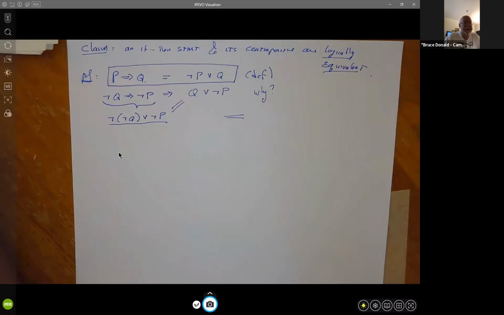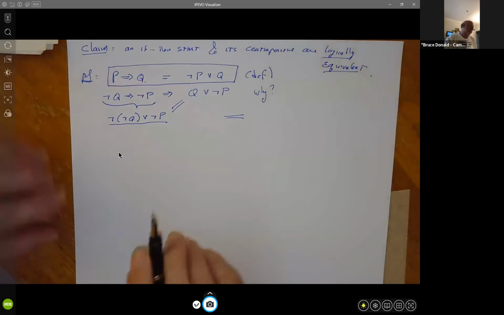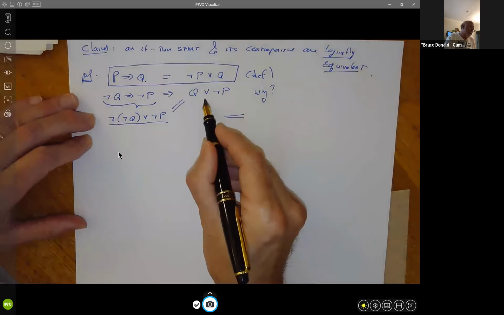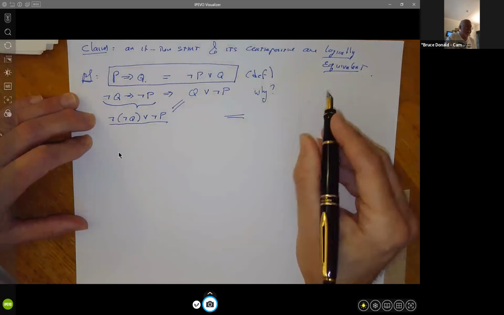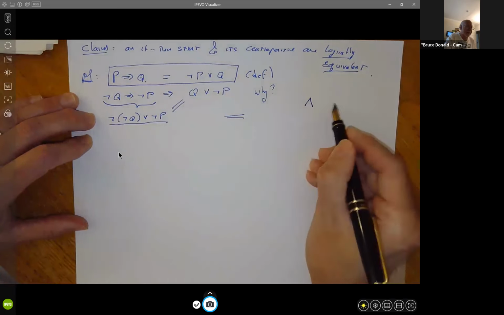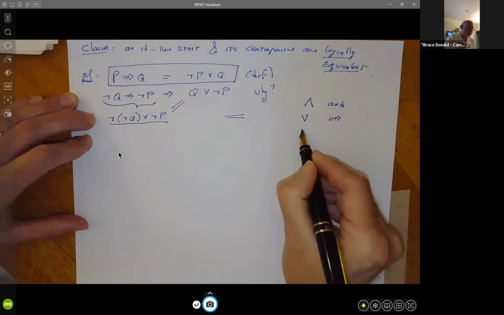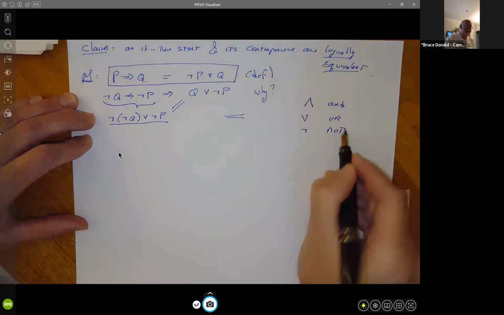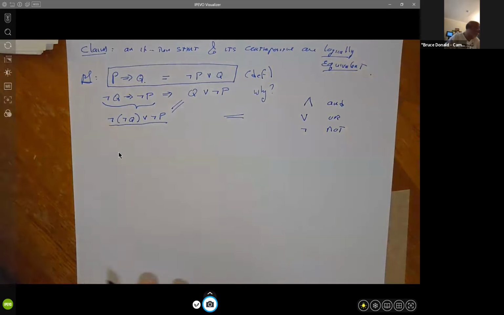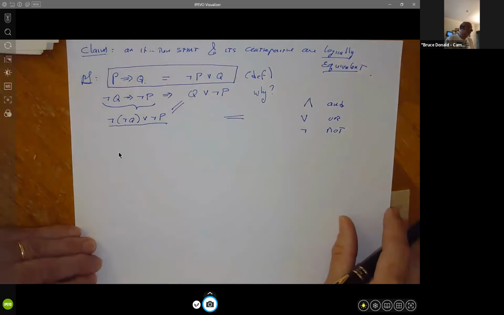And then I either can or I can't. This symbol here is the mathematical statement for or. You don't have to use it, but this is and, this is or, and this is not. And by the way, they mean exactly what they mean in Scheme.